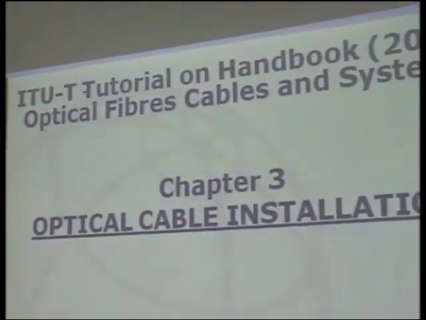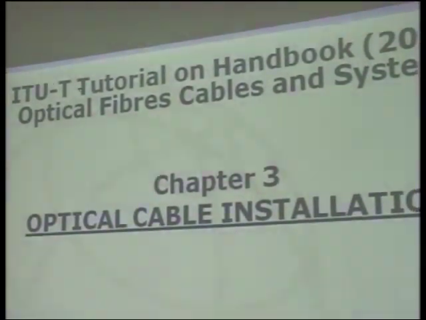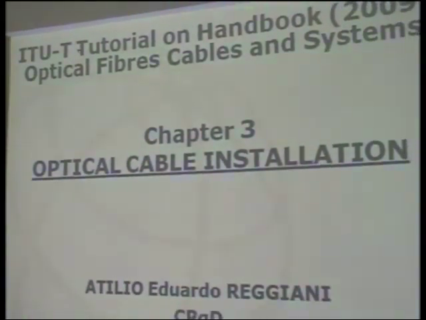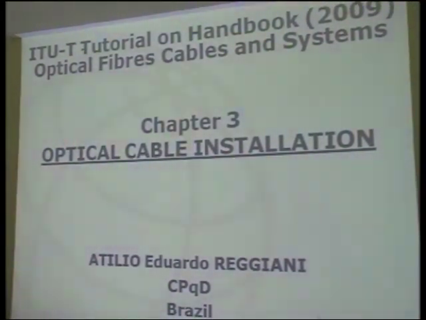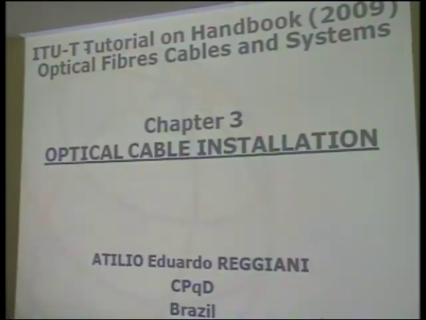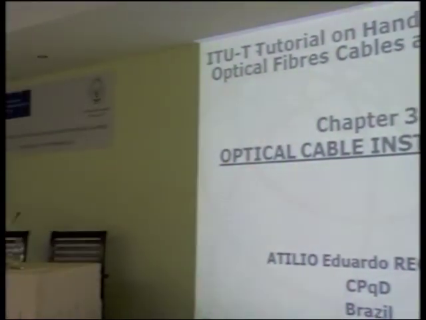Chapter 3 deals with optical cable installation, and as with other recommendations related to this subject, the idea is to have a good amount of useful information, and I try to put emphasis on some technical aspects.